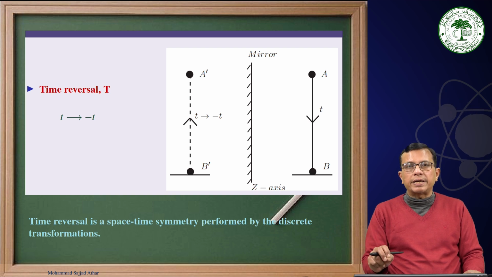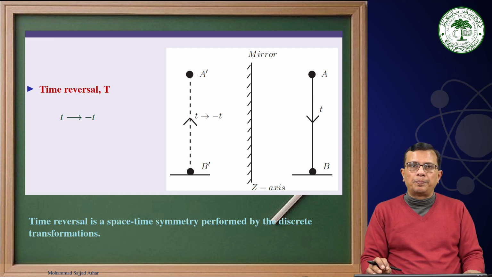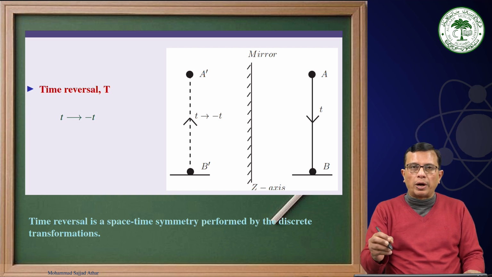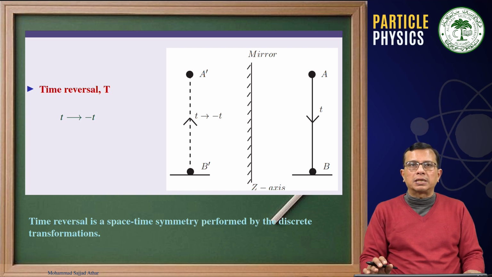Now, with the same kinetic energy with which it hit the ground, if I impart this to the particle, then the particle will go back to its original point A. Therefore, if some process is taking place in the forward direction of t, and in reverse time I get the same point, then we say that the process is invariant, otherwise it changes.